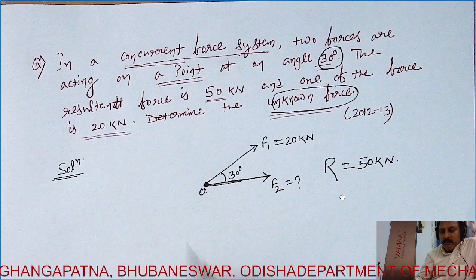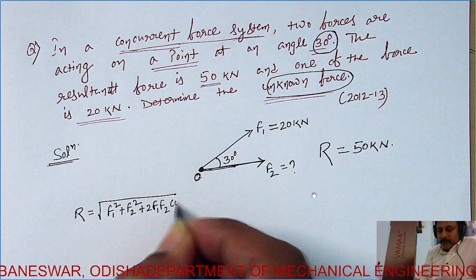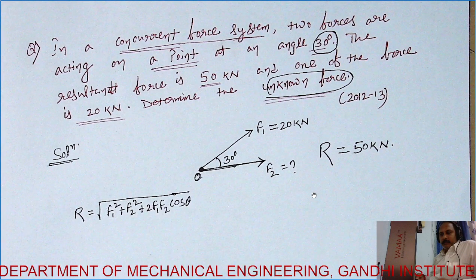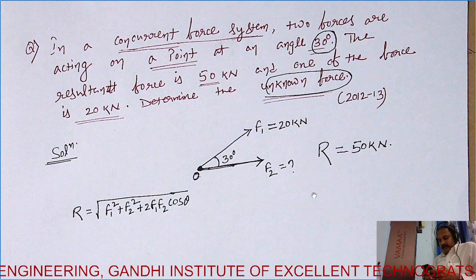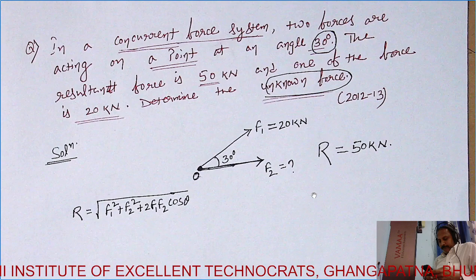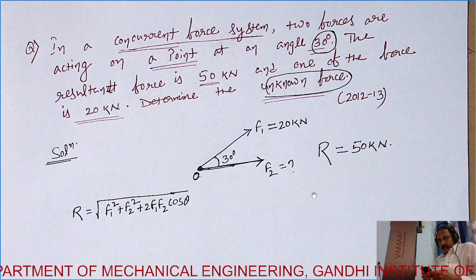Using the parallelogram law of forces, there is a formula that R is equal to the root of F1 square plus F2 square plus 2 F1 F2 cos theta. Here R is the resultant, F1 is one of the forces, which is given to you as 20 kilonewton, F2 is the other force which you have to find out.